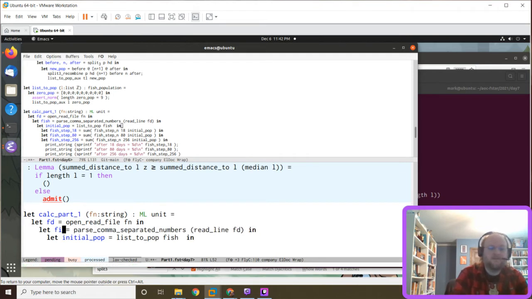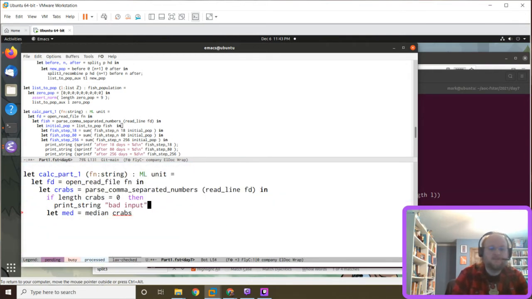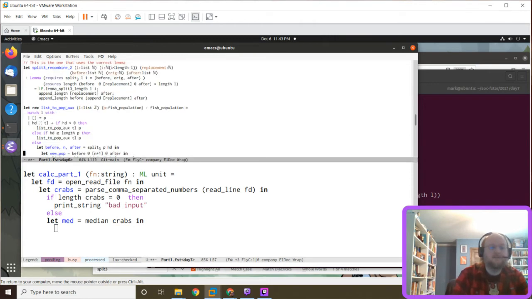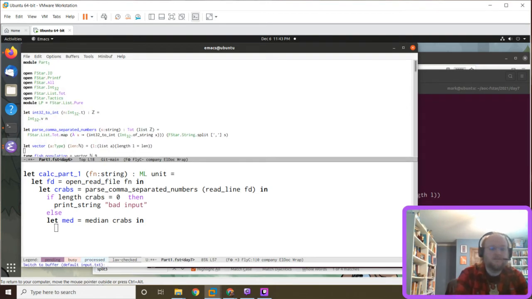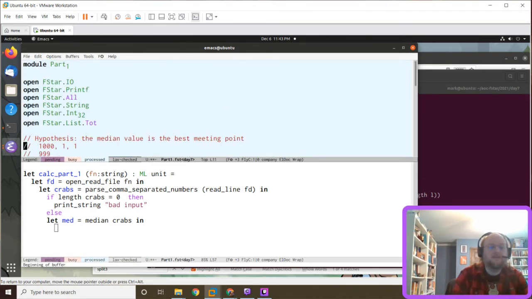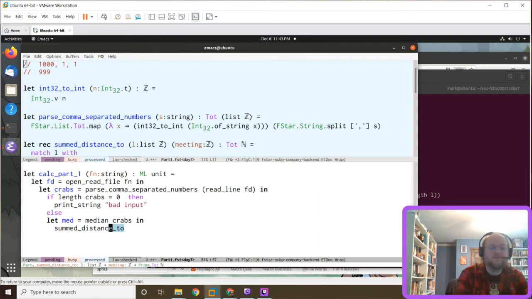Okay. If length grabs 0, then and some distance to L median.